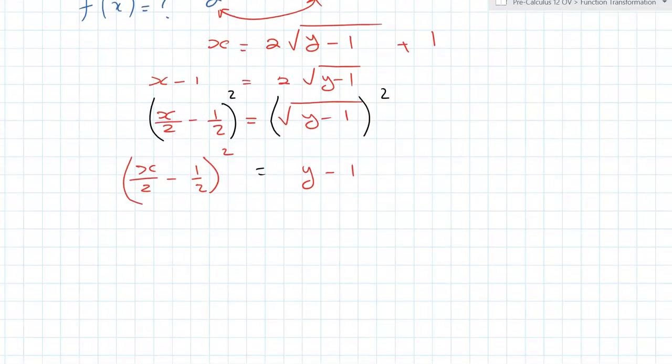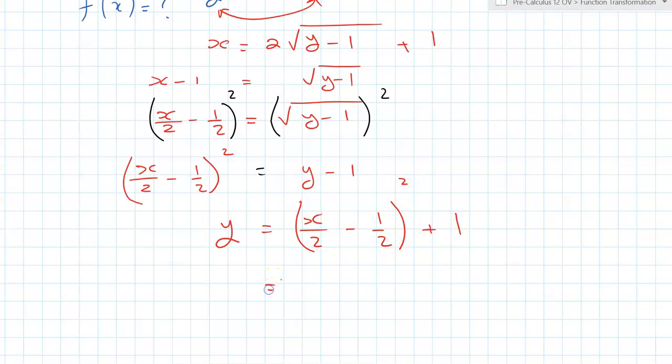You can expand it if you want. That's not a big deal, but we are solving for y. So at the end we're going to bring over the -1, so y equals that plus 1.